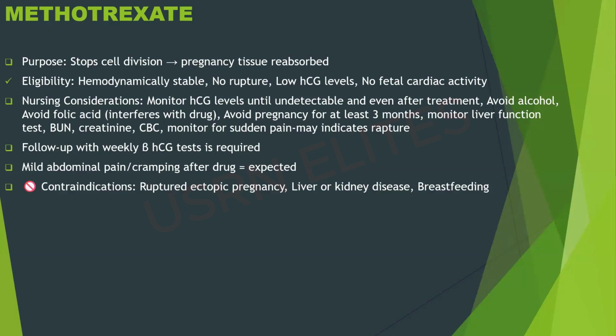So once you are given this drug, know that we are reducing the cell division. All right. So what we have to know is that we take it mostly once, and within 1 week it should leave the system. Okay, within 1 week.